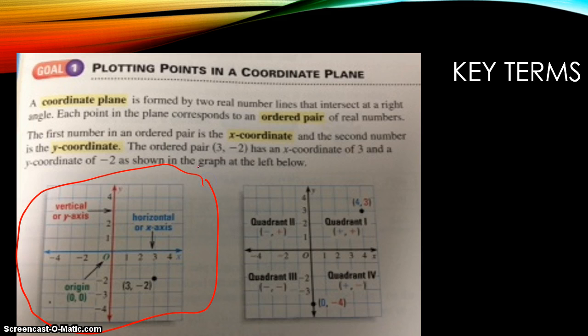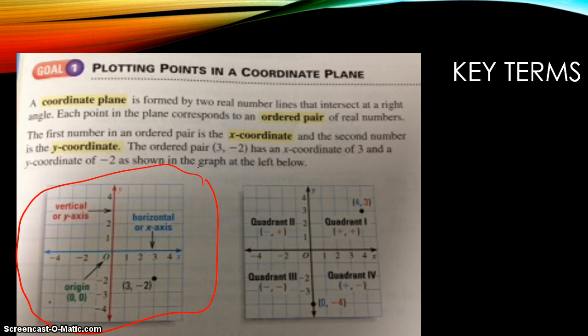When I refer to a coordinate plane, the graph is a coordinate plane. Each point in the coordinate plane corresponds to an ordered pair of real numbers. We'll talk about that in a second. The first number in the ordered pair is the x coordinate, and the second number is the y coordinate.